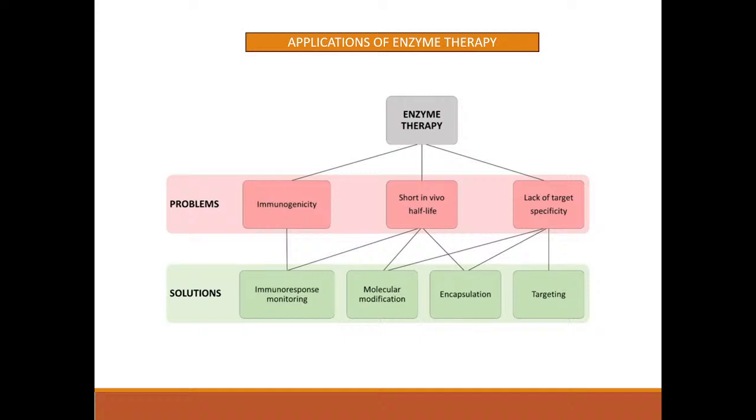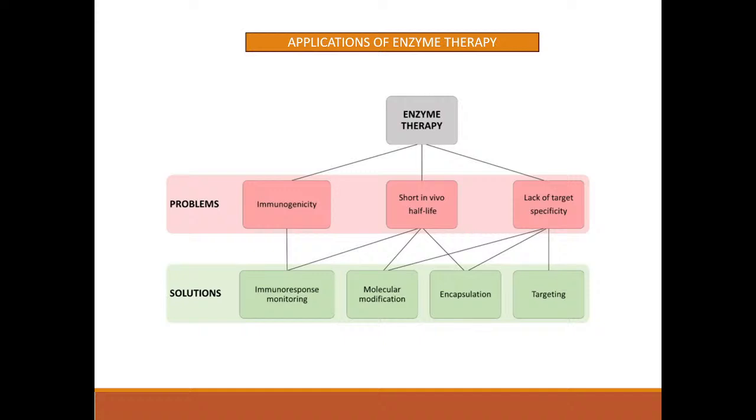Short in vivo half life. All enzymes have a half life: the activity reaches its maximum, then slowly subsides. So, you cannot increase that short half life, but you have to apply it in such a way that within the short half life its action is monitored for the therapeutic advance. And lack of target specificity.